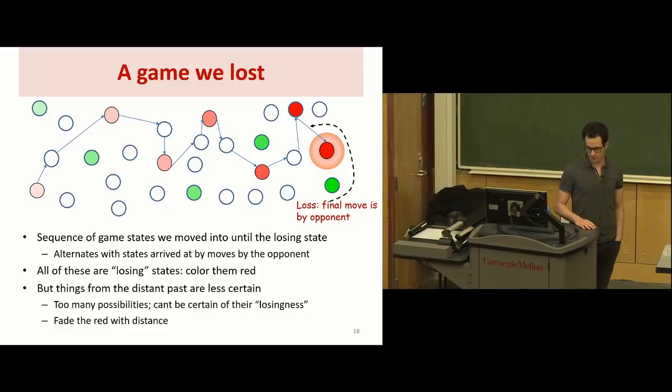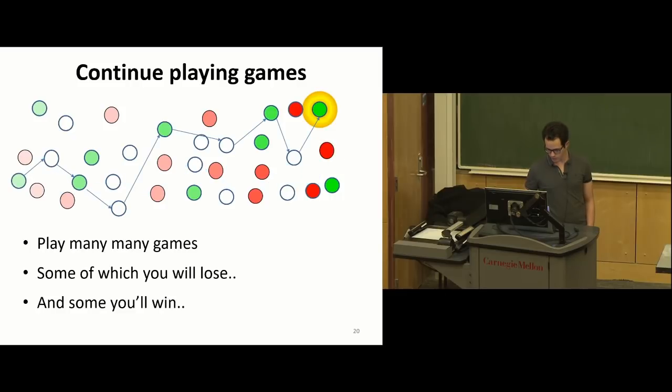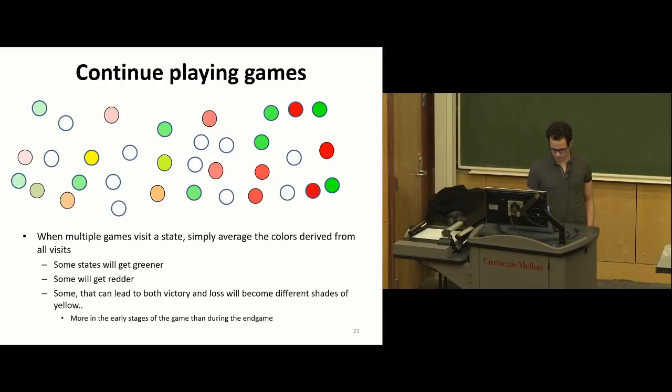Let's say you do the same thing for the games that you lost, and at the end of the day, you've got something like that for a lot of games, like really a lot. Some of which you lose, some of which you win, and sometimes some positions appeared in both winning and losing games, so they're going to be somewhere in the middle with a yellowish color.